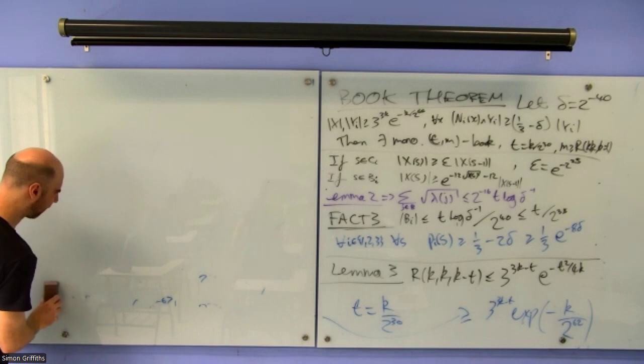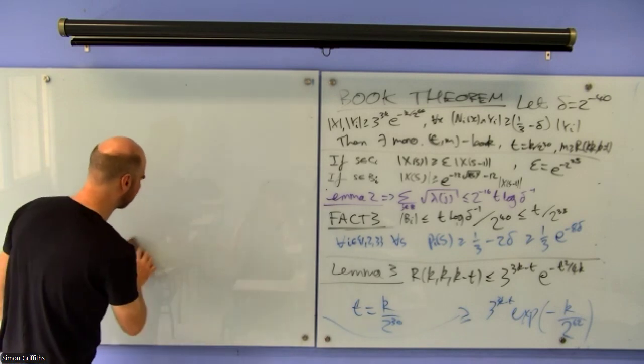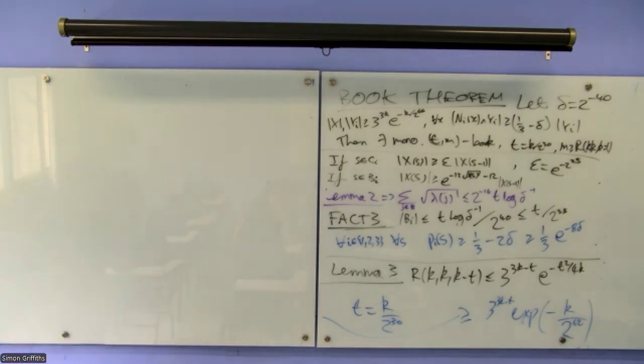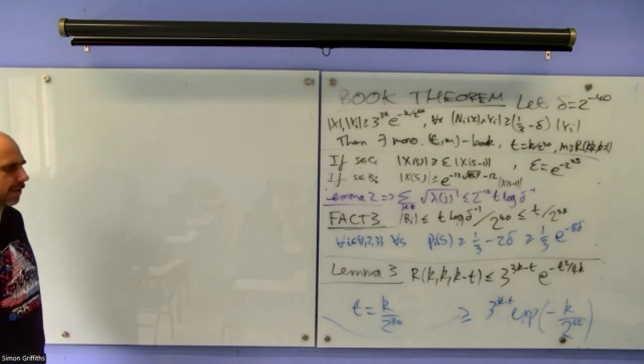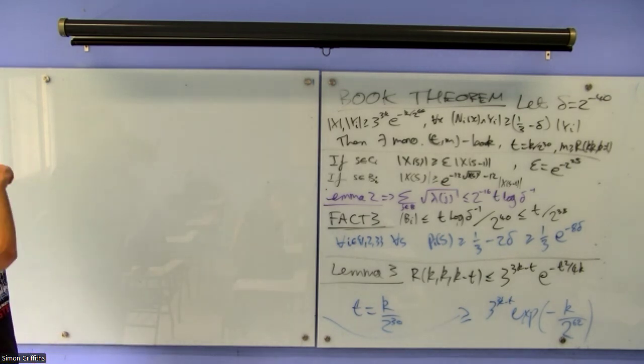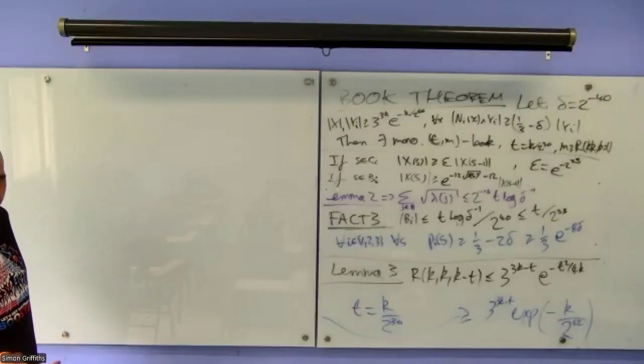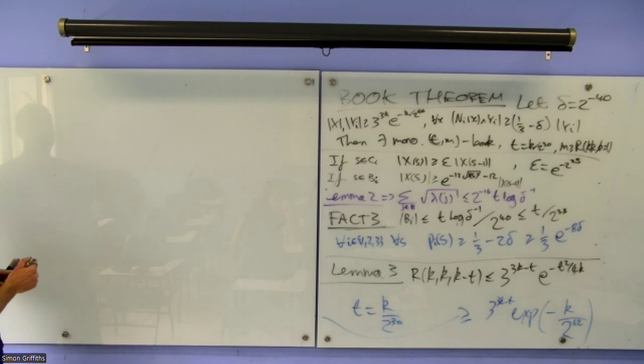And really, it's funny, there's sort of 3 inequalities that matter in all of this. And I should say there's sort of 3 parameters that matter in all of this. The 3 parameters are delta.